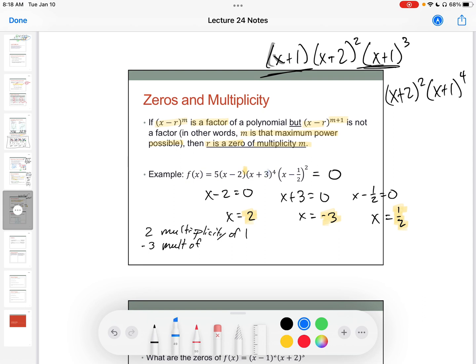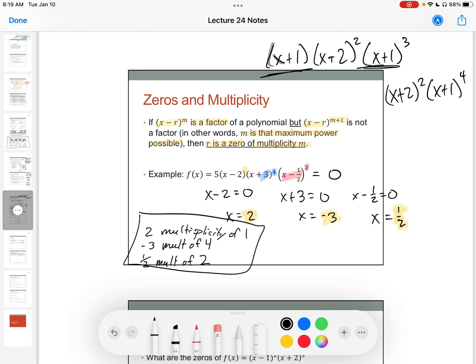Well, negative 3 has a multiplicity of 4. So negative 3, multiplicity 4. Last, I have 1 half. What's the multiplicity of 1 half? Well, there's my 1 half factor, and its multiplicity would be 2. So that is how you find the multiplicity of the zeros.